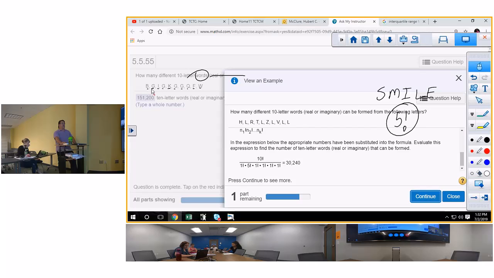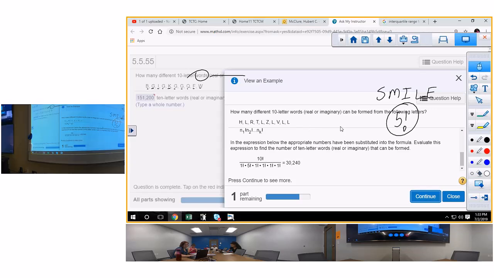There's 1, 2, 3, 4. You got one that's repeating. I think that one's going to be 4 factorial. See how many are repeating up here? 1, 2, 3, 4, 5. See there? That's 5 factorial. We haven't covered this. So that's how they're getting this.